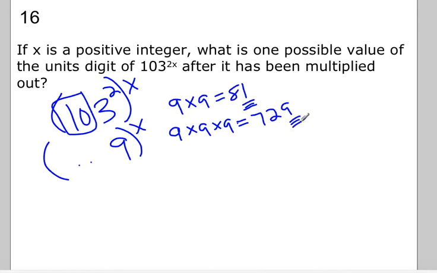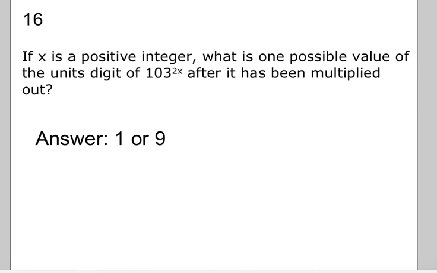Even if it was just 9 by itself and the x was 1, the units digit is 9. 9 to the first, right? 9 only has two different numbers, right? You can multiply 9 by as many times as you want. It always is going to end in a 1 or a 9, and that is always, always, always the case. So your answer for this one is 1 or 9.